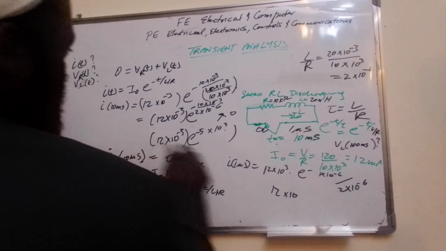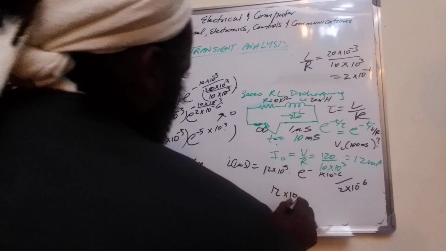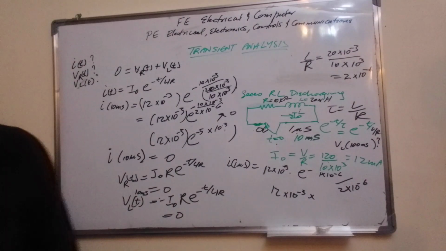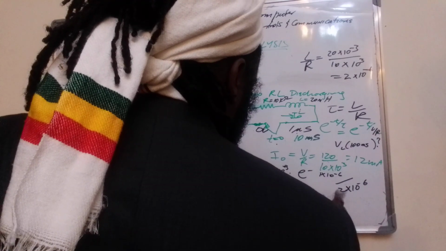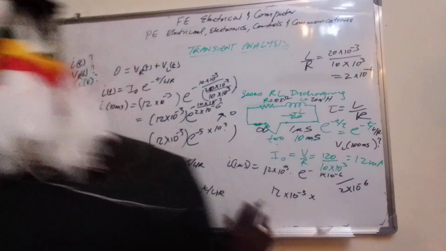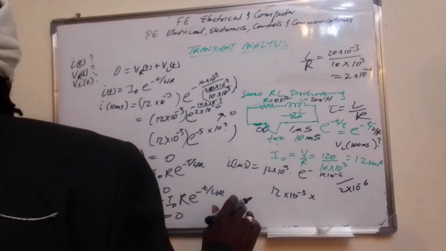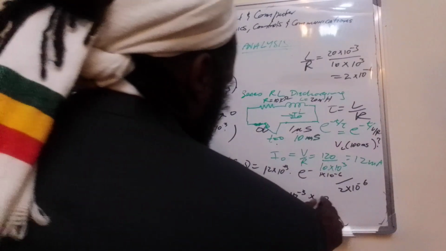So this would have been 12 times 10 to the minus 3, multiplied by 0.606. Right?